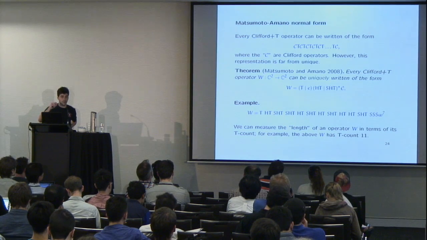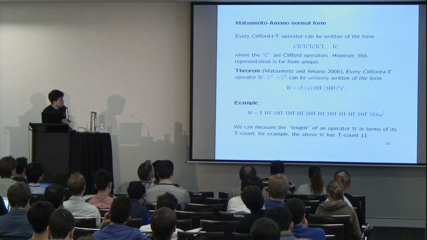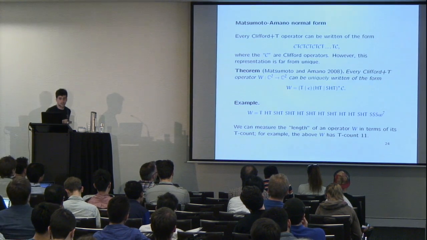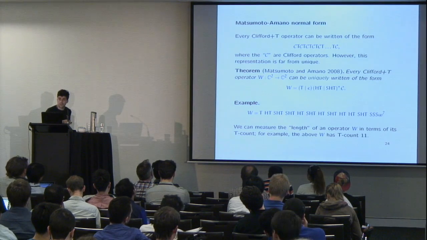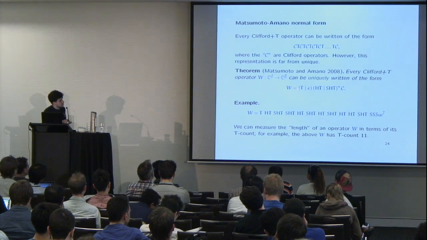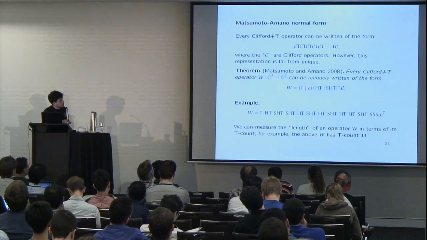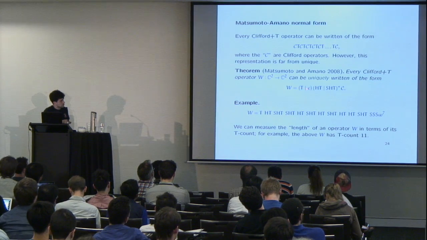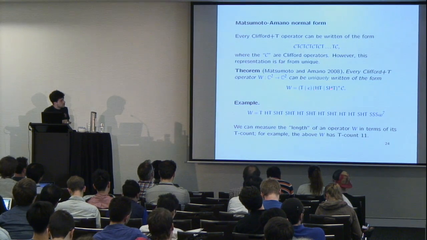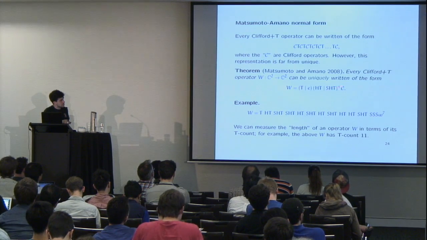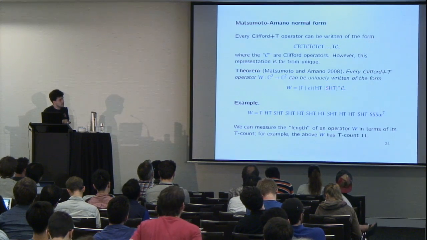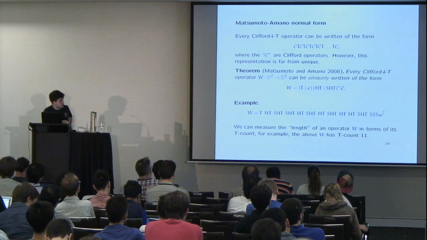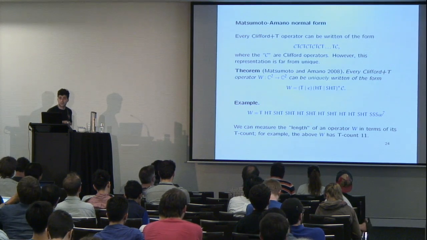What's significantly more interesting is this result from 2008 of Matsumoto and Amano, in which they prove that a Clifford+T operator admits a normal form that you can express like this. So here the normal form is written in the language of regular expressions, but this is how you want to read this. So going from left to right, say, it means start with an optional T, so either a T gate or the empty string, then follow it with an arbitrary, this is the meaning of the little star here, an arbitrary number of syllables, either HT or SHT, and then finish with a Clifford operator.